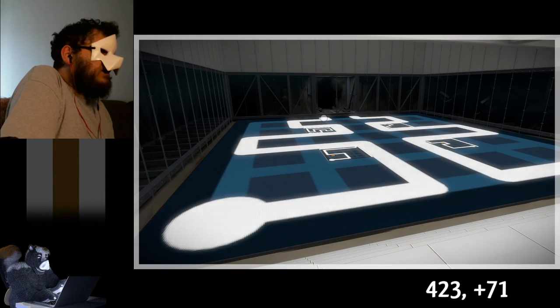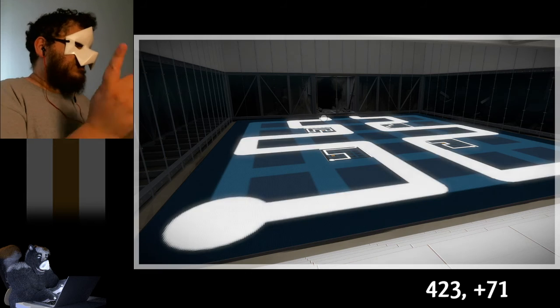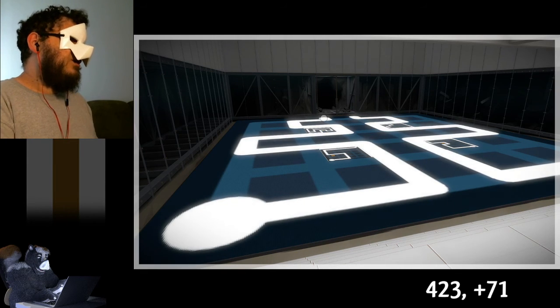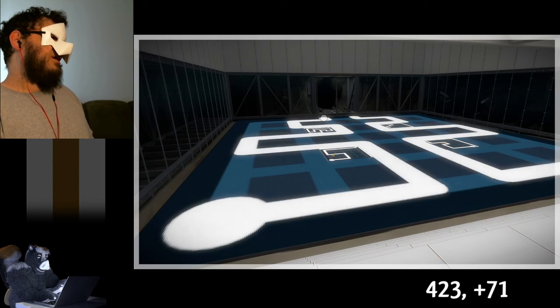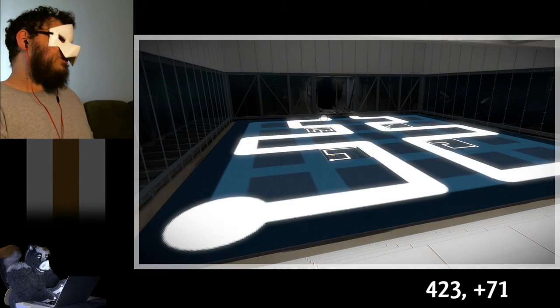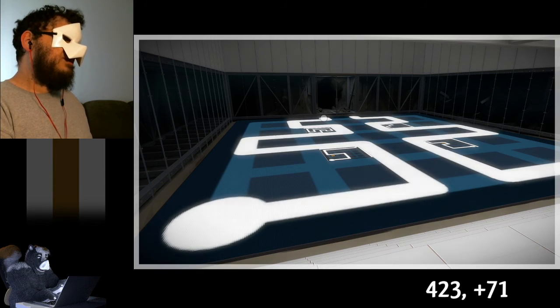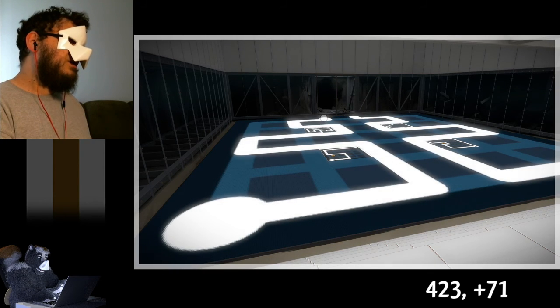Like, these puzzles, the twin-sided puzzles on the overworld were you kind of tracing the outline of scenery in the world.